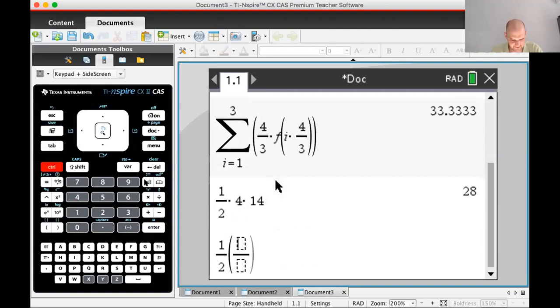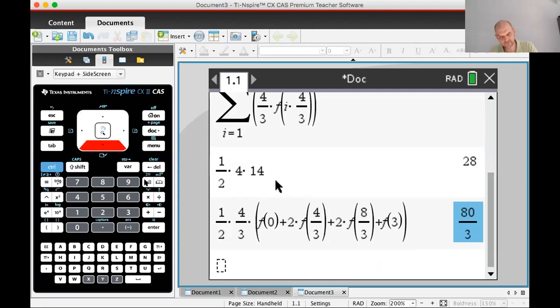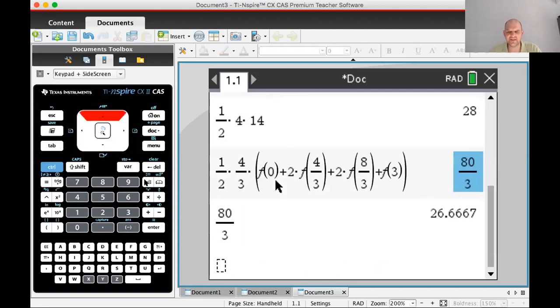So 1/2, 4/3, f of 0 plus 2 f of 4/3 plus 2 f of 8/3 plus only f of 12/3, which is 3, which, wait, what? 1/2, 4, 3 plus 11. So this didn't give me the same answer. Did I do something wrong?